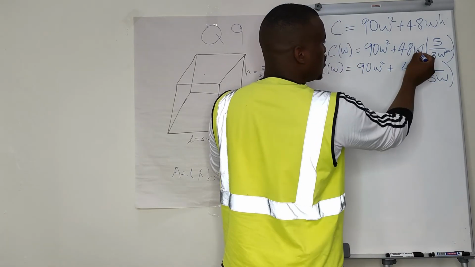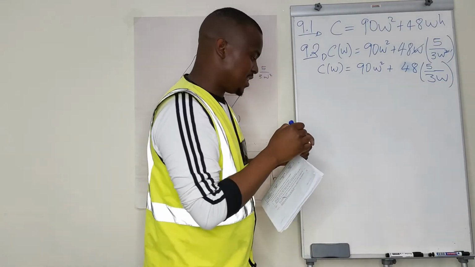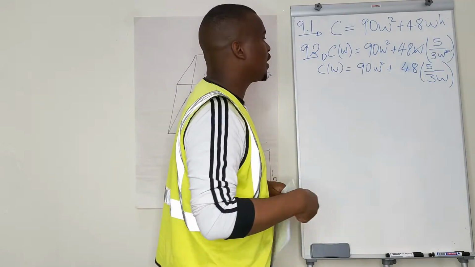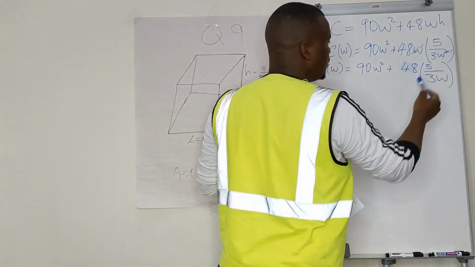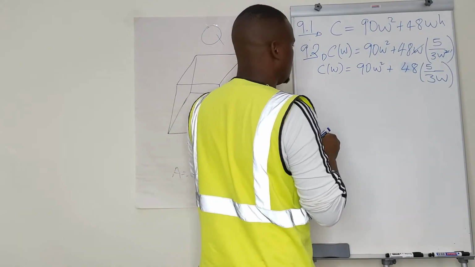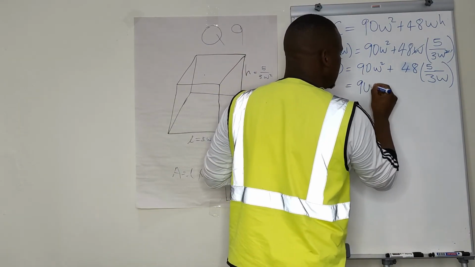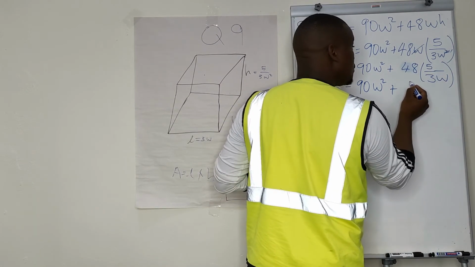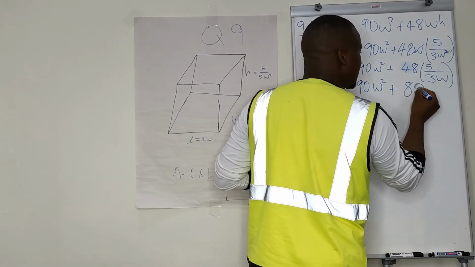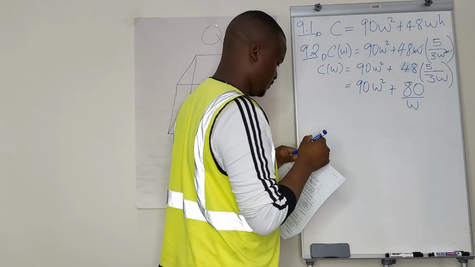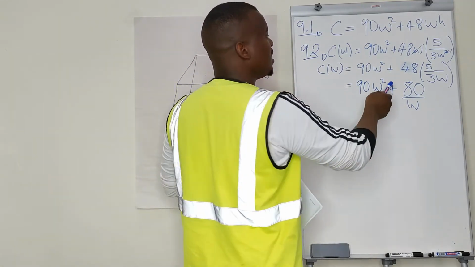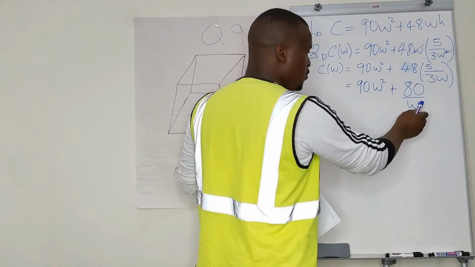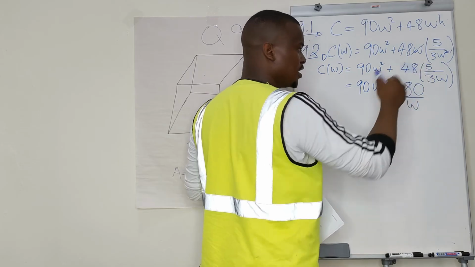This w is cancelled by that product of w's at the bottom, so we're left with 1 there. Simplify this part. So this is equal to 90w squared plus 5 times 48 over 3, which you can punch on a calculator. We have 80 here over w. So 48 times 5 over 3 gets you 80. And now you want to move this w out of here to the top.